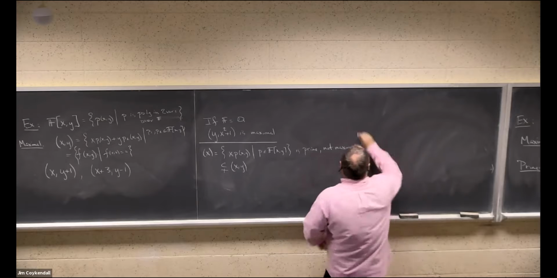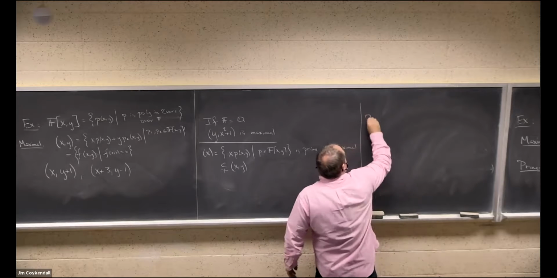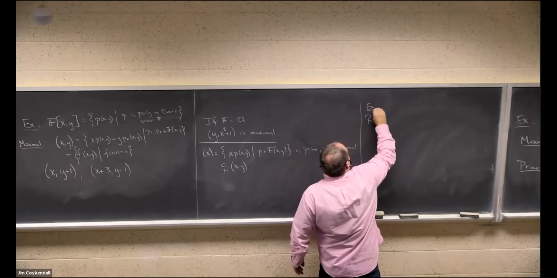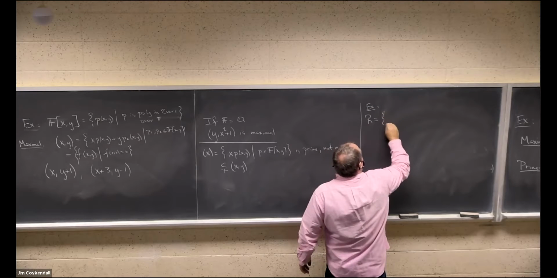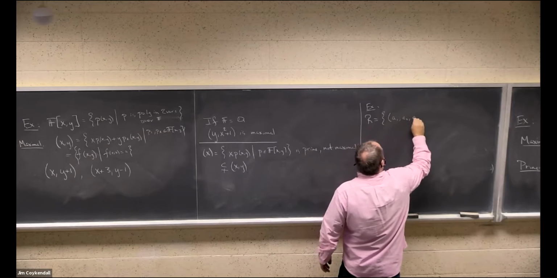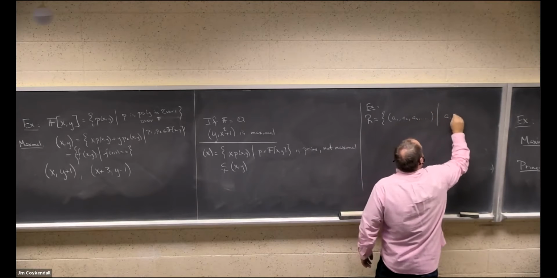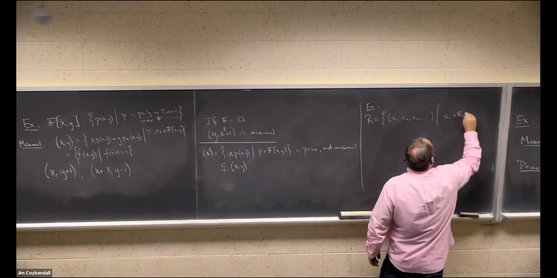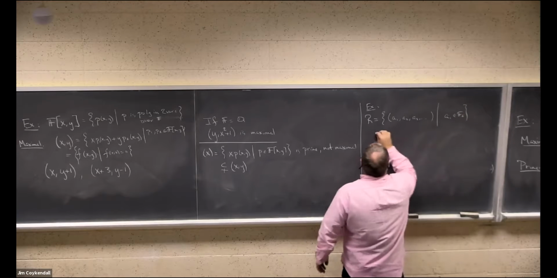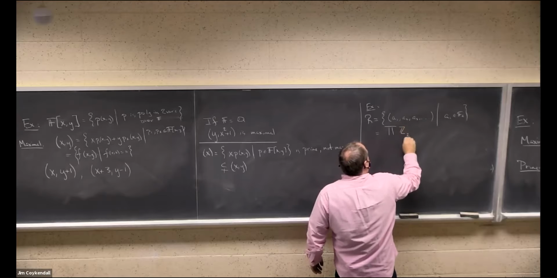Let me give you one more example, which might kick you down the path on homework. A1, A2, so this is the direct product of C2.